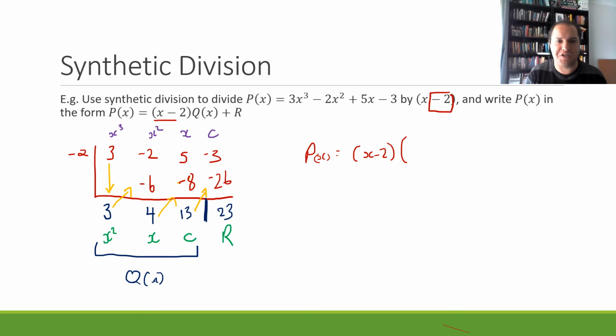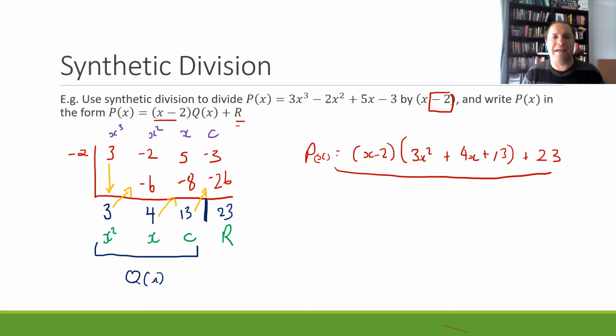Our quotient function, now we've got our coefficients and our terms here, so it's 3x squared plus 4x plus our constant, which is 13, and then our remainder at the end was 23. And there's our function after applying some polynomial division.